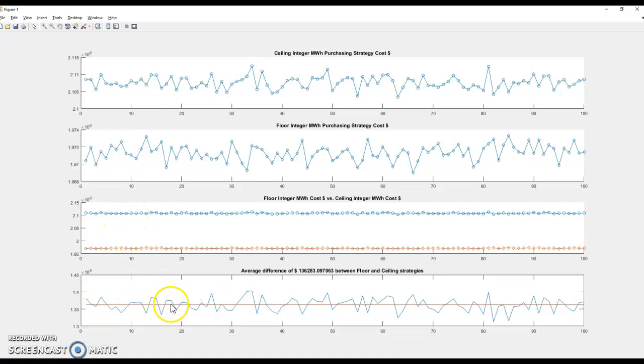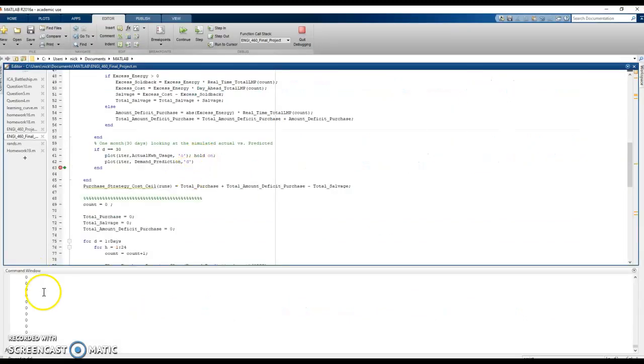And if you plot the deltas on this fourth subplot here, you see there is on average, for 100 different runs, an average of $136,283 worth of difference between these two purchasing strategies. So that's fairly significant if you ask me.